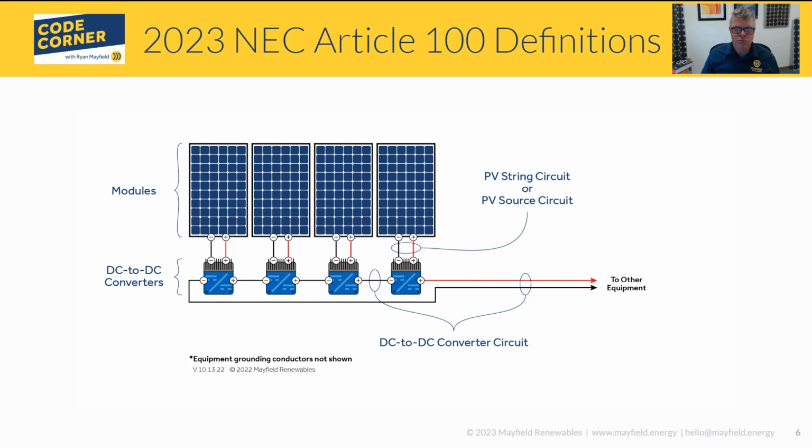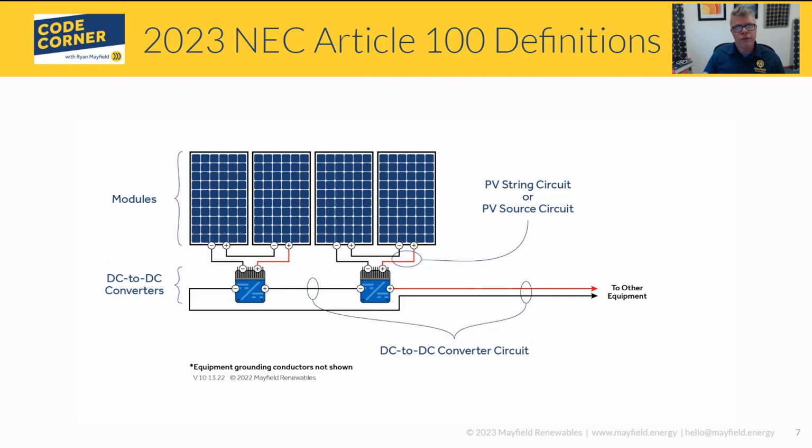More often, it's a source circuit on the input side, and then the connections in between the DC to DC converters are all just DC to DC converter circuits, and the output circuit is the same, just a DC to DC converter circuit. If you have multiple modules in series on the input side of a DC to DC converter, the definitions don't change.